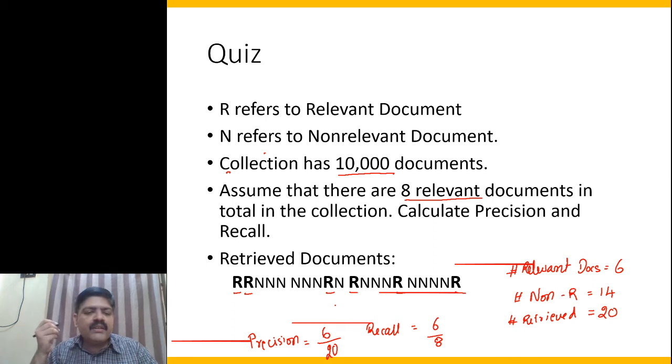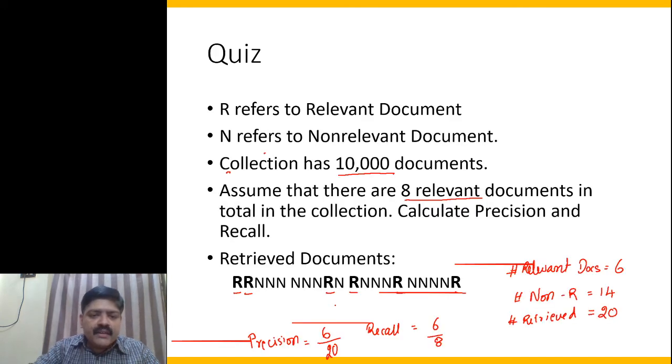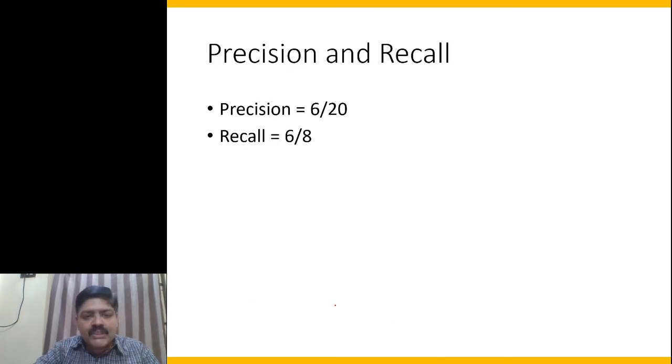I expected to retrieve all of them, but I managed to retrieve only 6 of them. So that's why we have a recall of 6 over 8 and a precision of 6 over 20. I hope you got this right. This combination of precision and recall gives us a way to quantify the goodness of our retrieval system.